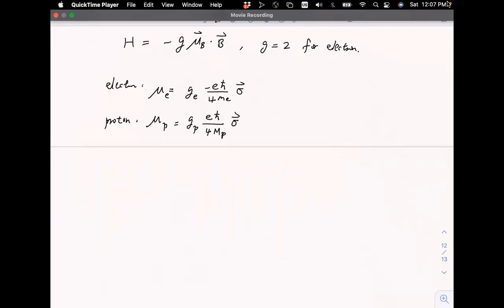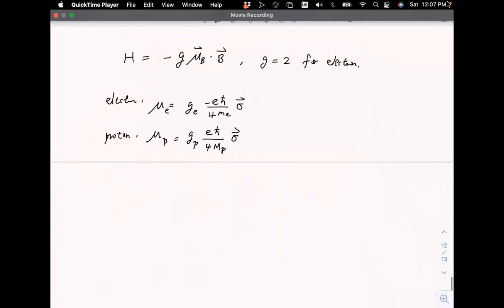So the proton magnetic moment will have two things that are different from electron. First, the mass is much heavier, so it's small. Another thing is that the proton has a different G factor. Because proton is not one particle, there are 3 quarks inside, and the quarks are interacting. Each quark follows the Dirac equation, and it will have a G factor of 2.